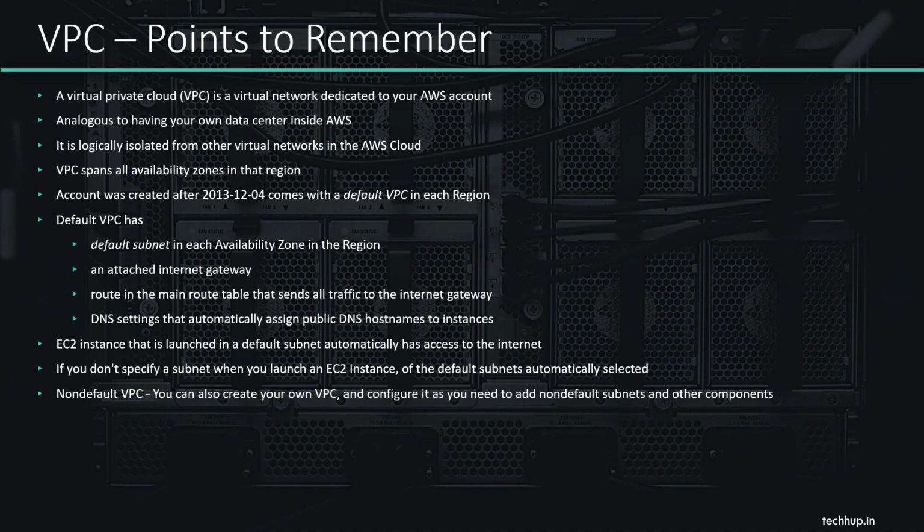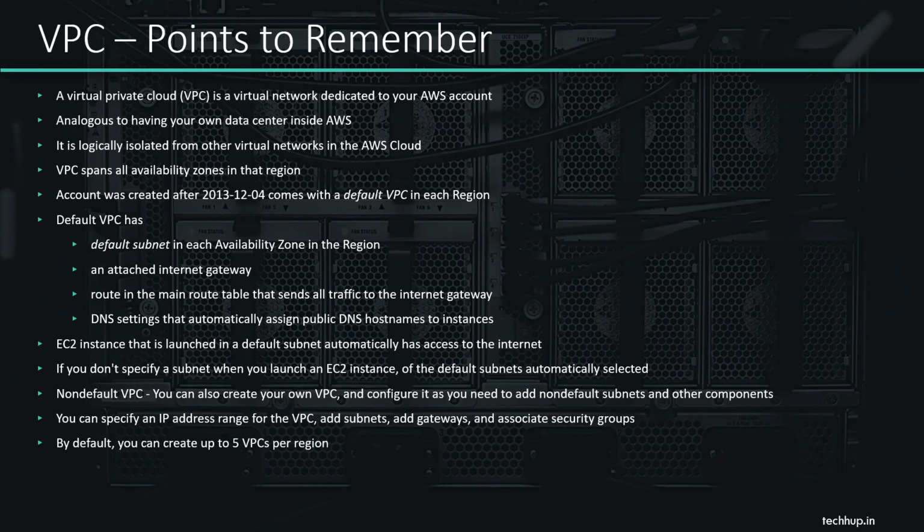A non-default VPC can also be created, where you can configure it as you need: add non-default subnets and other components. You can also specify an IP range for the VPC, add subnets, add gateways, and associate security groups. By default, you can create up to 5 VPCs per region.